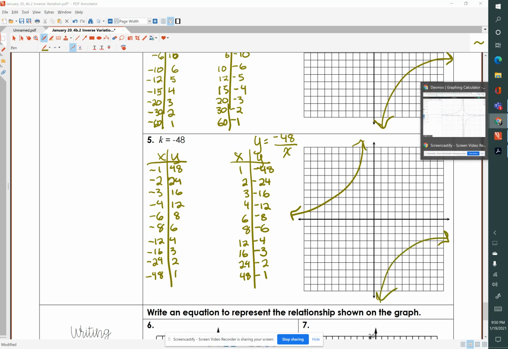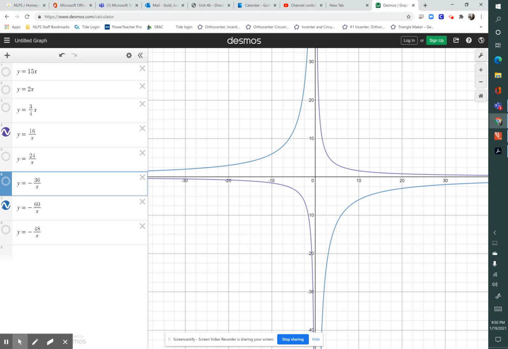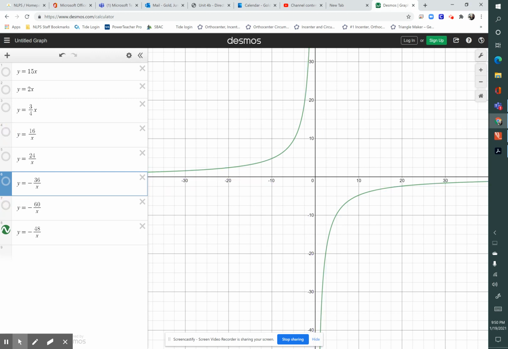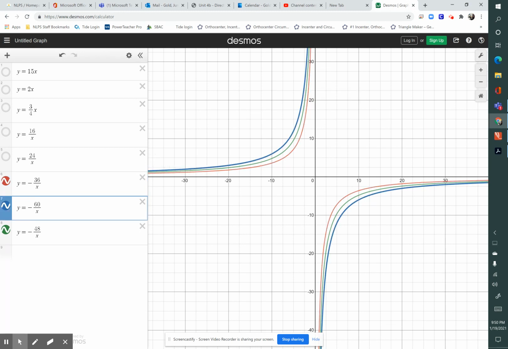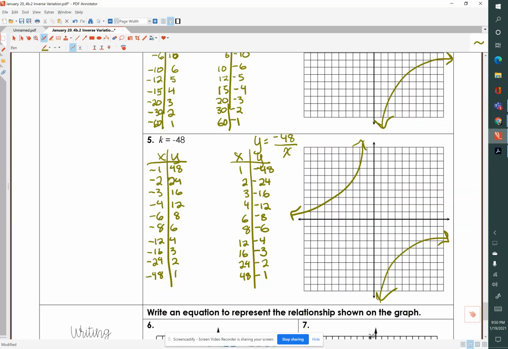So let's go to Desmos and turn on that graph, y equals negative 48x, and indeed, all of the inverse variation graphs that have a negative constant of variation occupy the upper left and lower right quadrants of the Cartesian plane. So we're almost done. Let's get back to our paper.